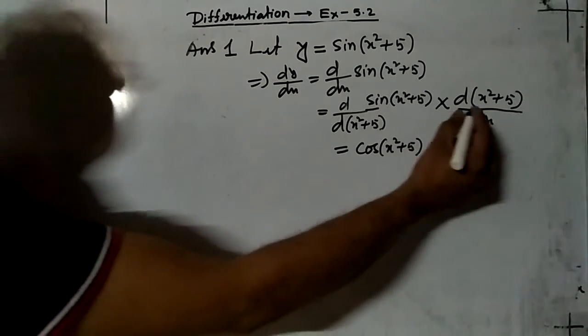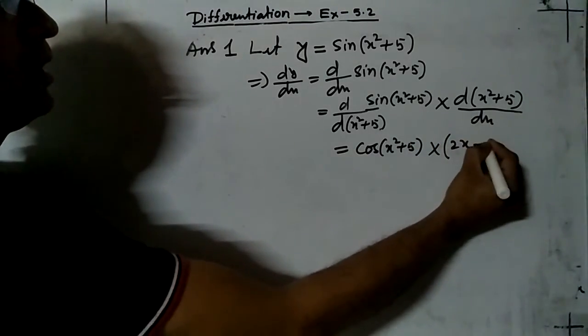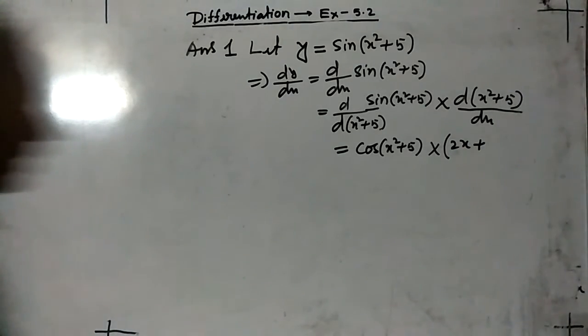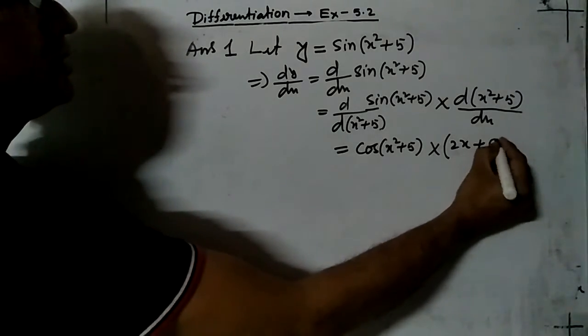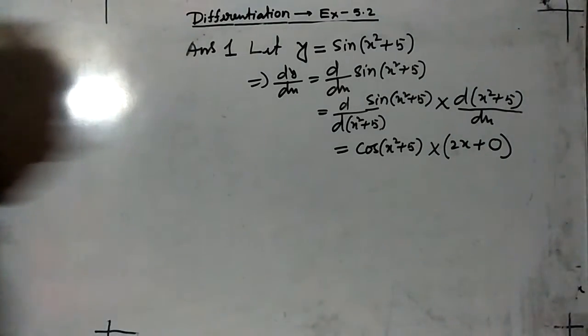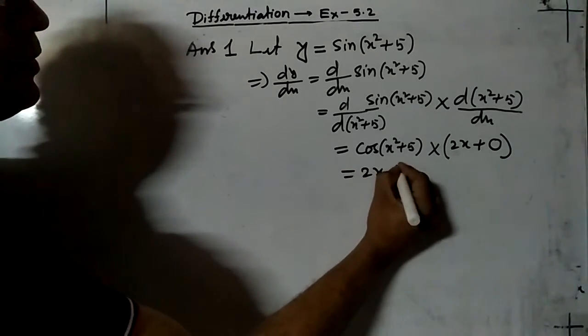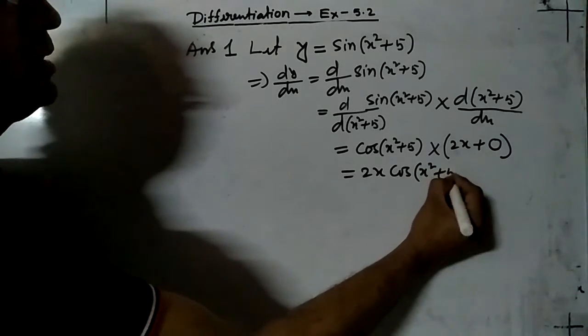So the derivative of x square will be 2x, and the derivative of 5, a constant term, is 0, right? So we are getting the answer 2x cos of (x square plus 5).